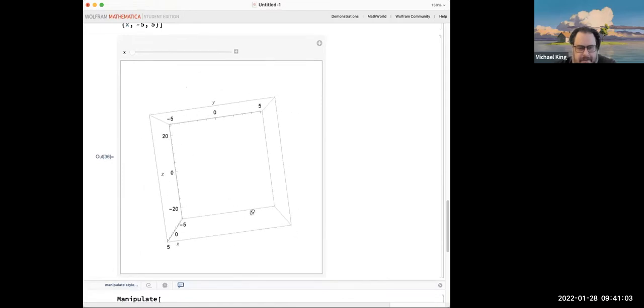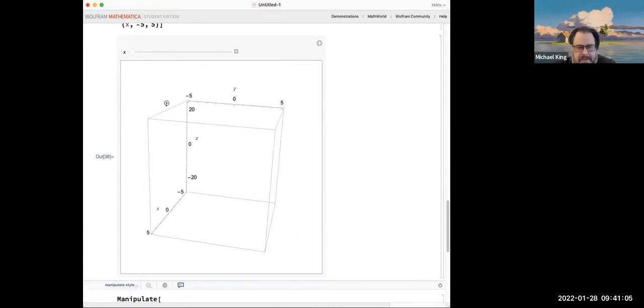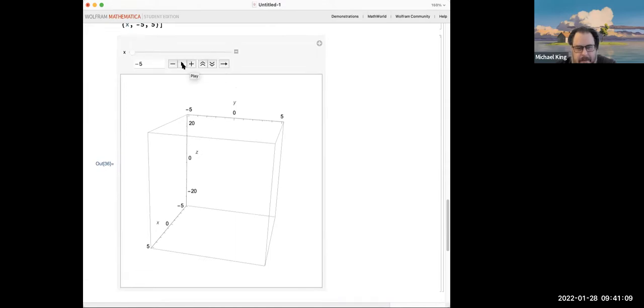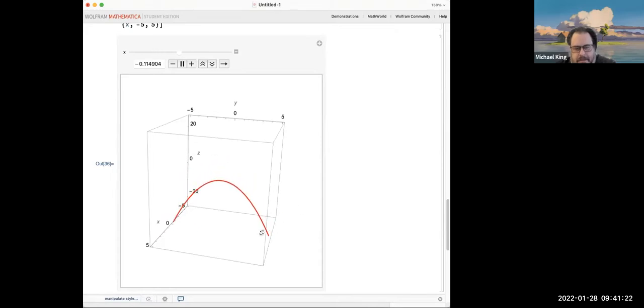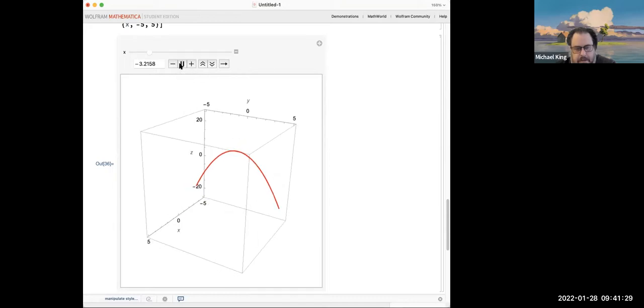Okay, so each time I'm just trying to drag it so it's kind of the same orientation. Right, so we get these parabolas kind of coming towards us, I guess, because x is going from -5 to 5, right? So we get these downward facing parabolas coming towards us. It really doesn't want to move when the movie's running. Sort of going this way, right?